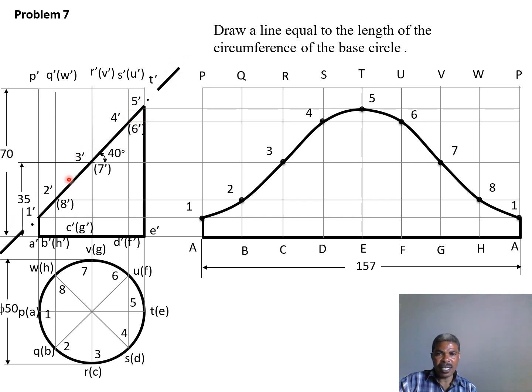Where this cutting plane is laid, you need to refer to the instruction given in our question that the intersection occurs at the center of the axis. So our axis is from here to here. Where it intersects, for sure it is 35 millimeters from the base, because the total height is 70 millimeters. So we expect that it is falling at 35 millimeters above the base.